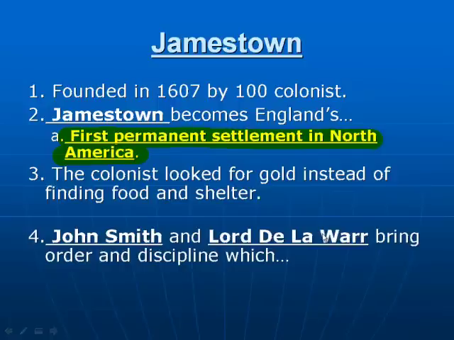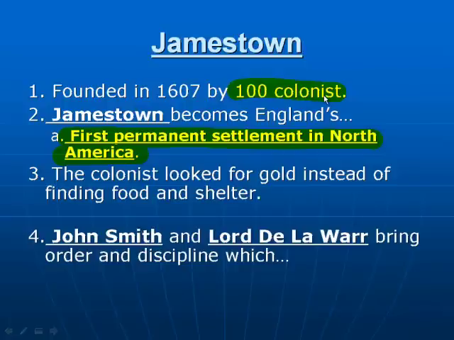If you look at this, the Virginia Company is going to have to try to get these 100 colonists to go over to the New World and live in Jamestown. But if England has an 0-3 record of people just going over there and dying or disappearing and not succeeding, what are they going to have to do in order to get those people over there? What they have to do is make it look better than it is.